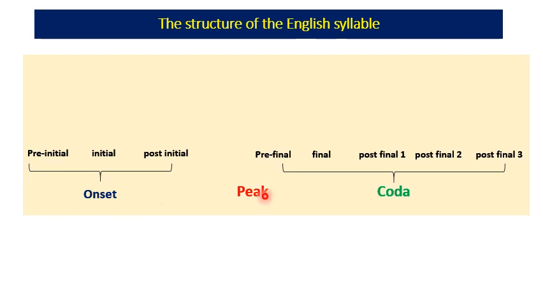So a group of sounds have to be located in order to create the pre-initial part or the pre-final, the coda part. So in the next slides, we are going to understand which sounds we need to create the pre-initial part, and what are the sounds that we need to create the pre-final part, followed by final and the structure as we said here.